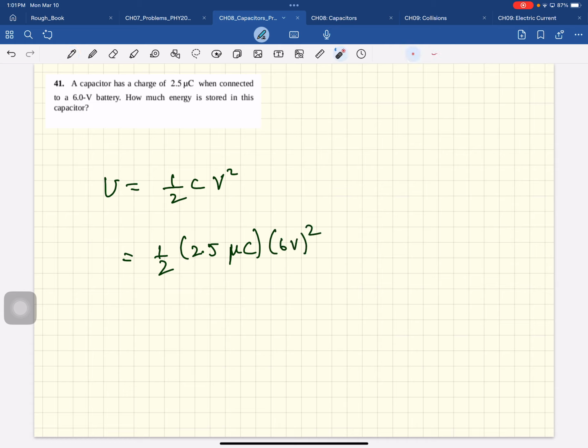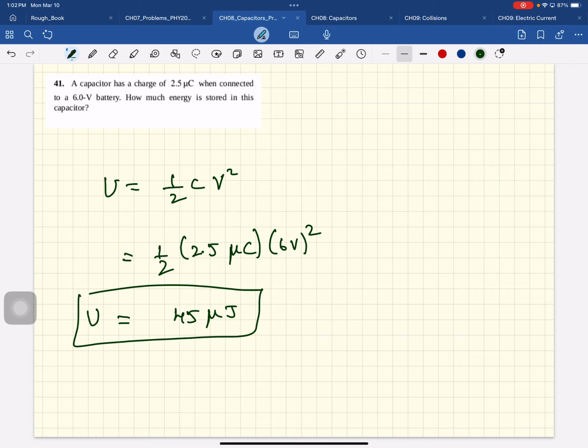Coulombs times volt squared is joules. So 6 squared is 36, 36 divided by 2 is 18, 18 times 2.5 is 36 plus 9, 45 microjoules. That's the amount of energy stored in there.